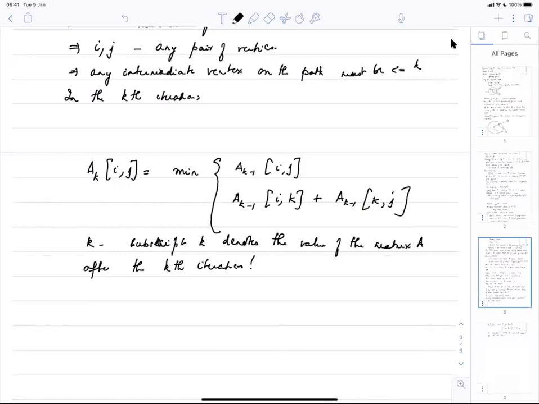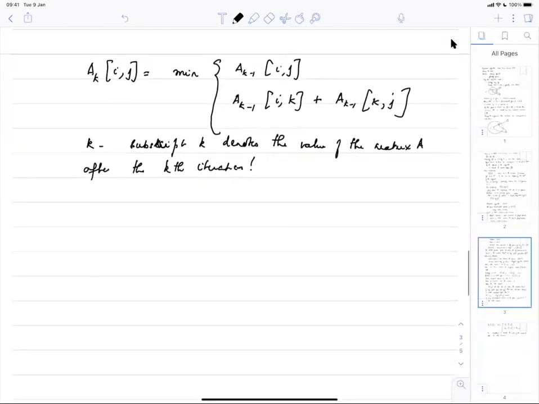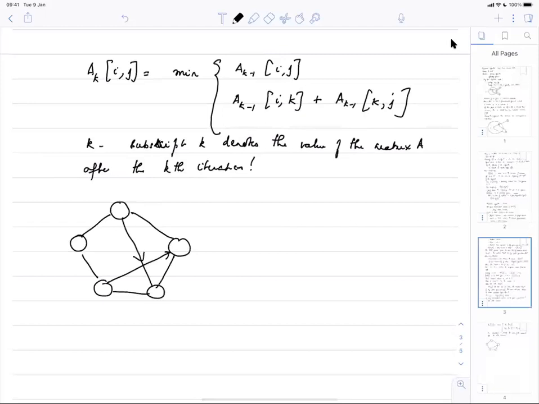Okay. Now what we'll do is, let's go back to one graph that we had, maybe slightly different. We had this graph yesterday, remember? Let's see how this works.